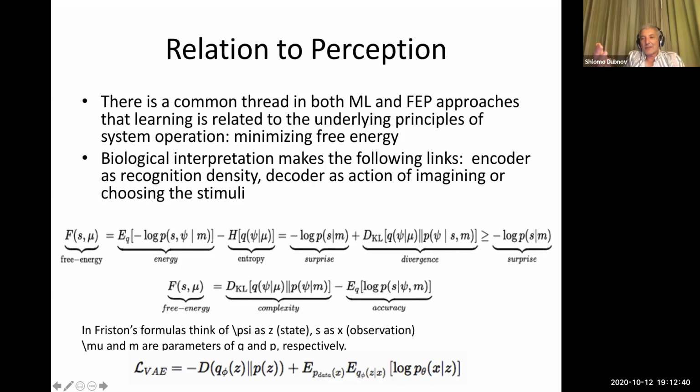You just get something, it's more like perception. You see something, you're surprised, you don't act on the surprise. So the surprise is more the perceptual part. And in this formulation, the divergence itself is on the internal states, how your understanding of the world matches the underlying causes in the real world. So this is more the passive, the perception part. While in the other formulation, you have the chance to insert also action.